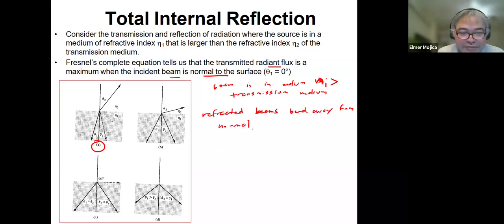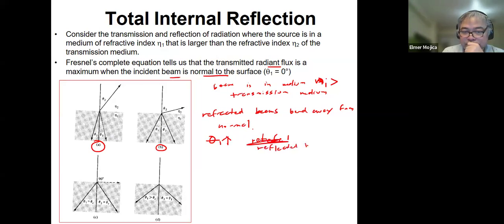Now, what happened in the second one? What happened to your angle of incidence here? Compare it to the first one. Did it go down or go up? So as it goes up, what happened to your reflected beam? Where is the reflected beam here? This one. Okay.